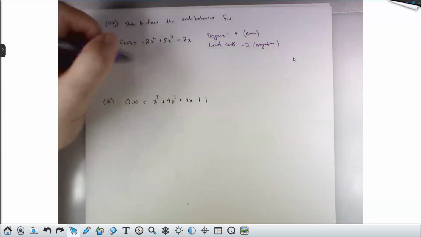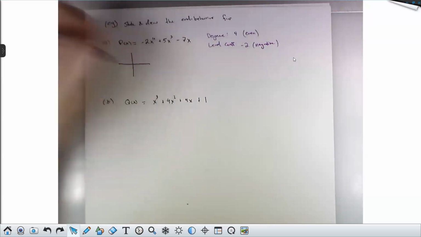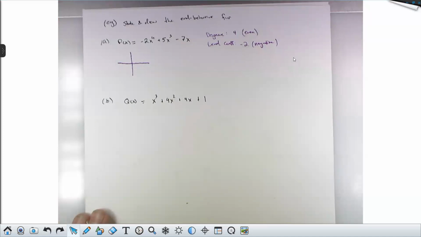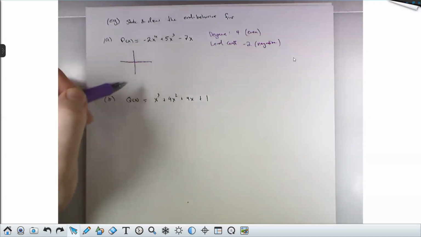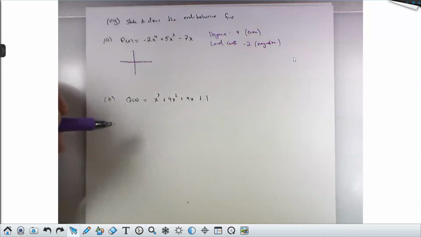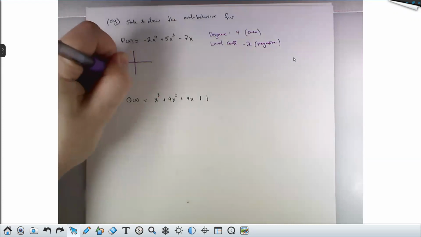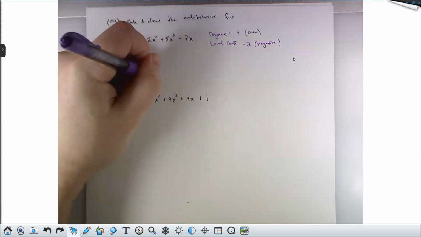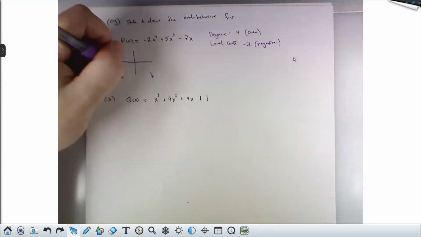So let's draw the end behavior here, and then we can try to describe it in the arrow notation. Even degree means the arrows are going to go the same way. Both of them going up or both of them going down. And the negative lead coefficient means that they both have to be going down. So that's those 4 cases. And I have no idea what else is going on here.